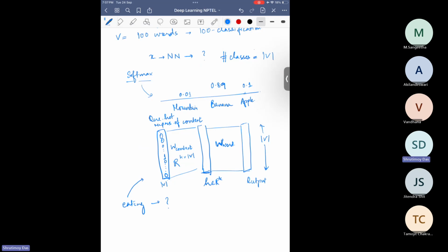So this W context and W word are your learnable parameters. That means these matrices will be updated whenever you are doing gradient descent.